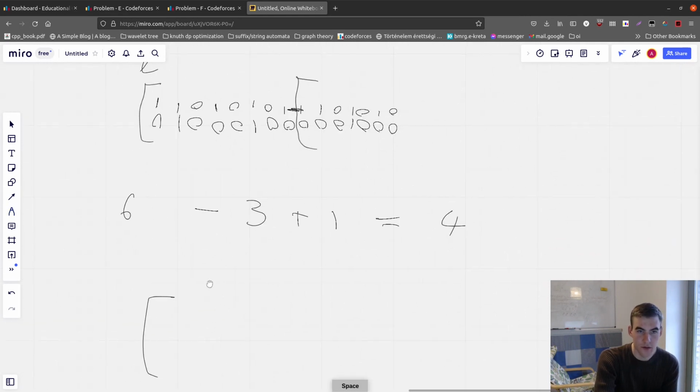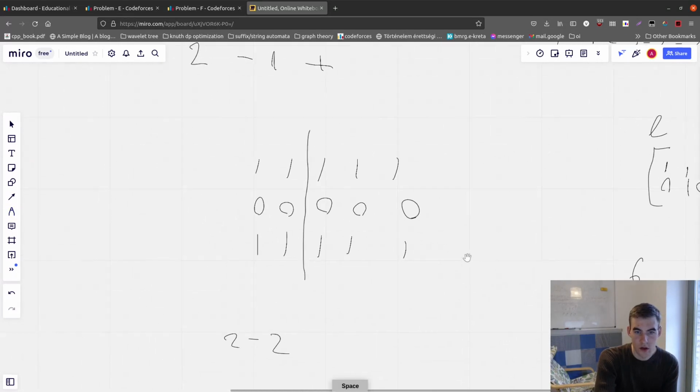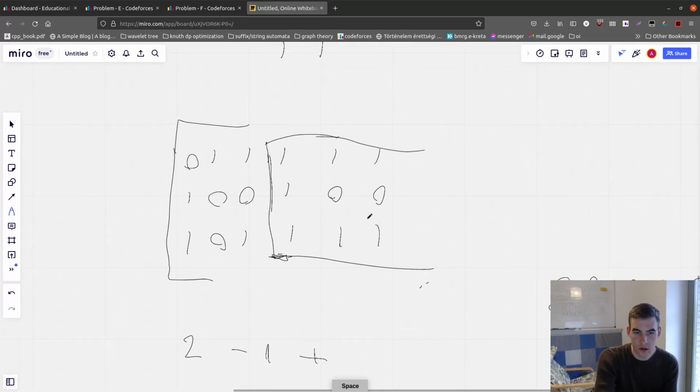What do I do when there's 3 rows? So here I add the number of components from left, that's 1, 2. That's 2 components. I subtract the number from here, that's 1.